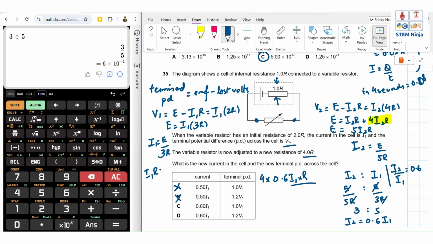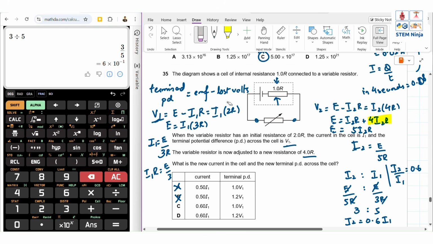So I1 R is E over 3. No. We need to figure out what was this over here, I1 R. Okay, sorry, my bad. We need to consider these two.